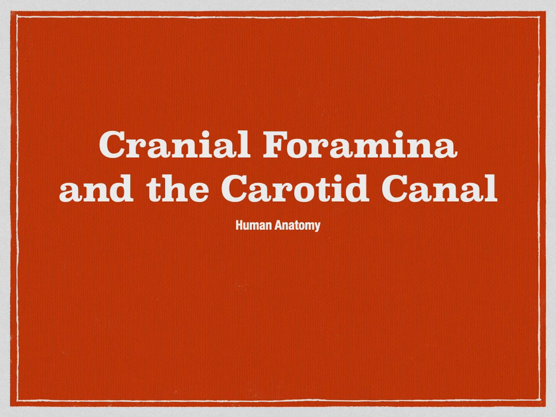The brain is housed within the skull, and there are quite a few small openings that allow the passage of blood vessels and nerves. The brain, of course, needs information. The sensory organs throughout the body, most of them in and around the head, need to bring their data, their information back into the brain.